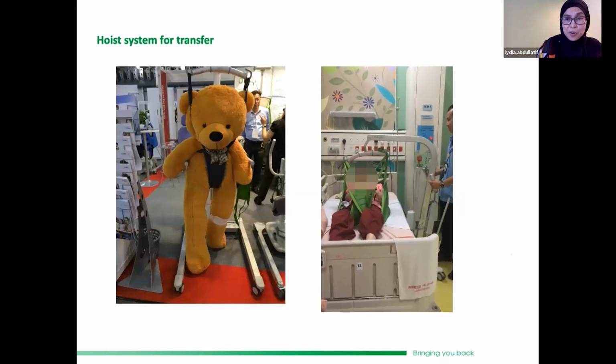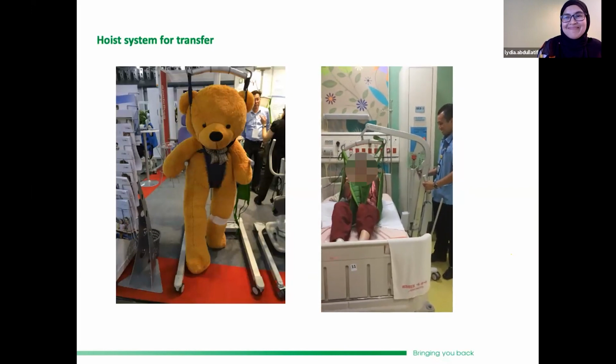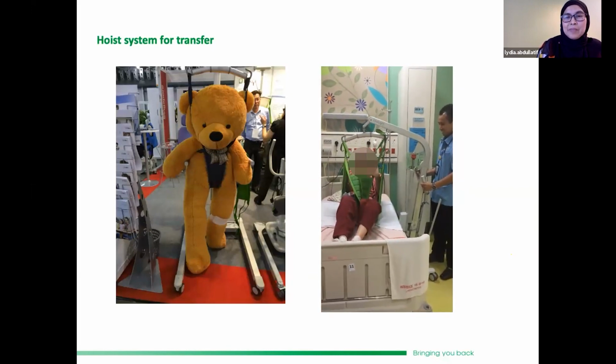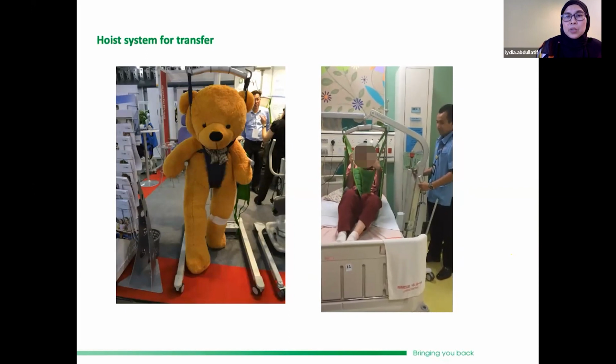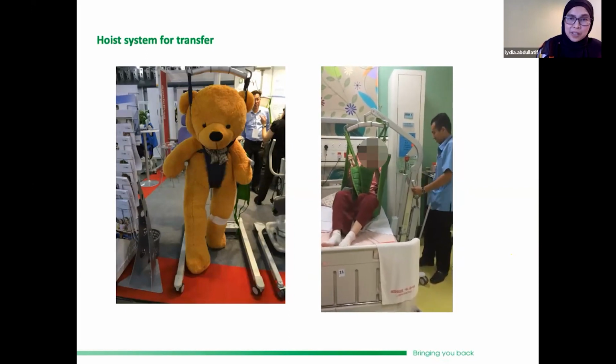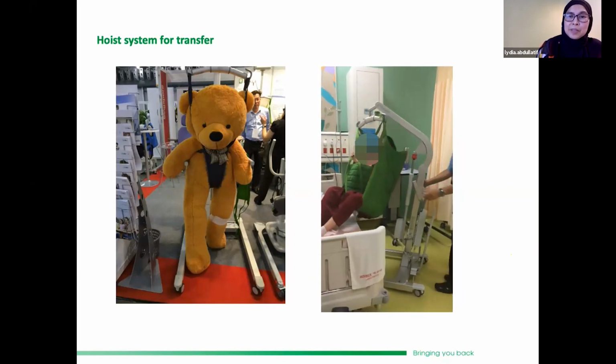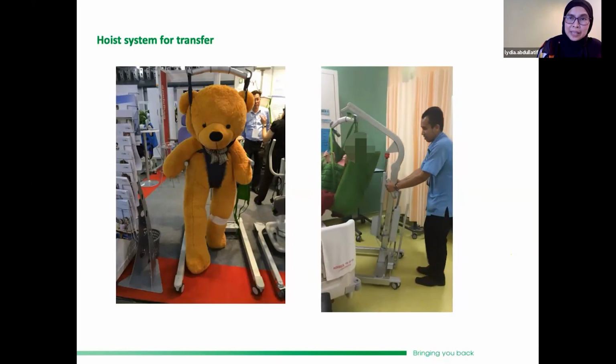Patient needs to be informed. Okay. She's quite happy. You need to also see the suitability of the carer and the patient when you want to give them a hoist to be used at home.